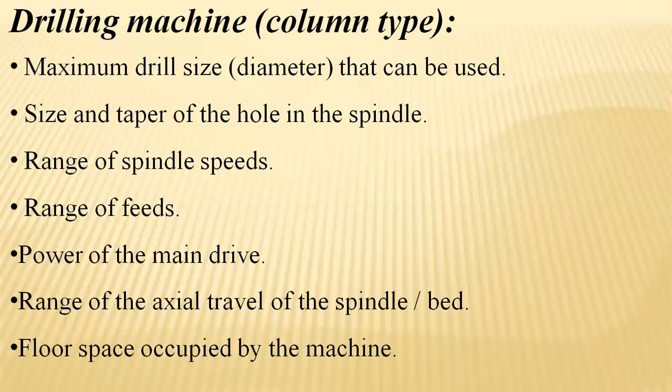And obviously the power of the main drive: the capacity to hold the objects, at what range of speeds the machinery can be operated, at what rate of depth the materials will be processed, the range of axial travel of the spindle, and the volume the machinery will occupy in the working scenario.